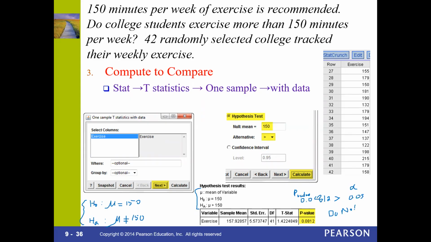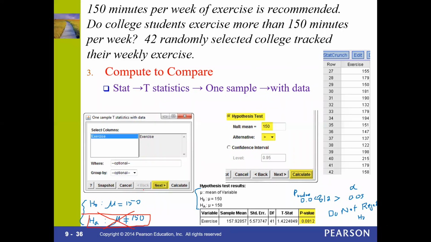Based on last class, do not reject H0. What does that mean? It's either one or the other, so I'm going to cross one out.